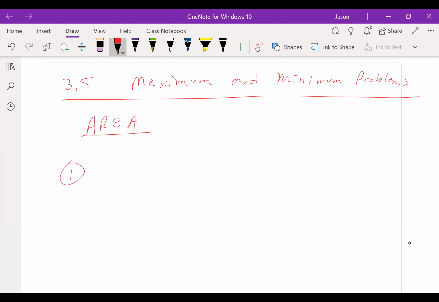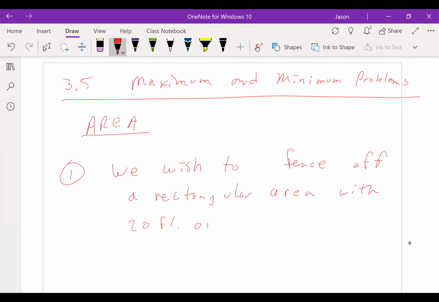Okay, number 1. We wish to fence off a rectangular area with 20 feet of fencing.